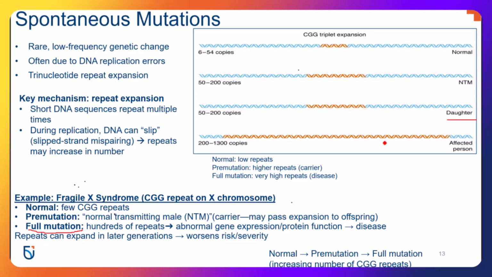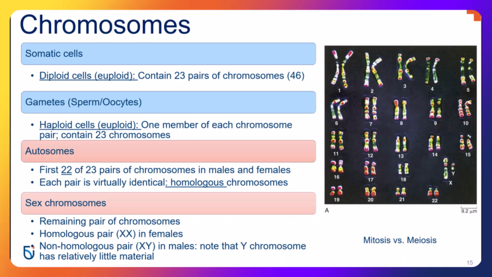She carries the premutation that she got from her dad, and when she passes that premutation onto her child, the repeat can expand into a full mutation, where there can be hundreds of repeats that end up leading to an affected person, somebody with the disease. In this case, Fragile X syndrome. And so this full mutation ends up leading to abnormalities overall, the disease being Fragile X syndrome, which involves intellectual disability and behavioral autism-like features.